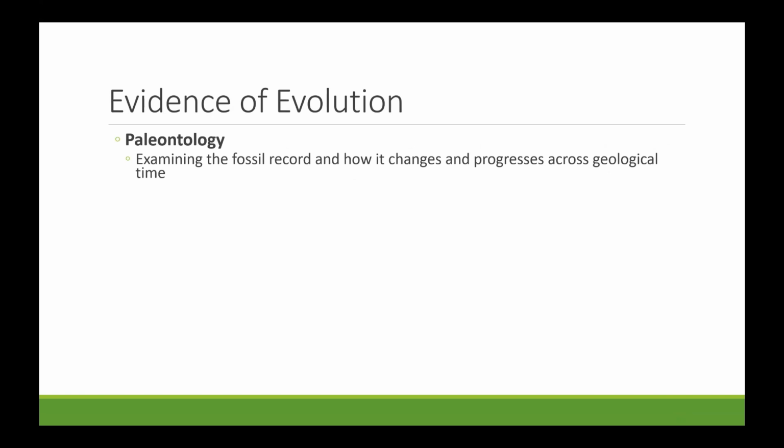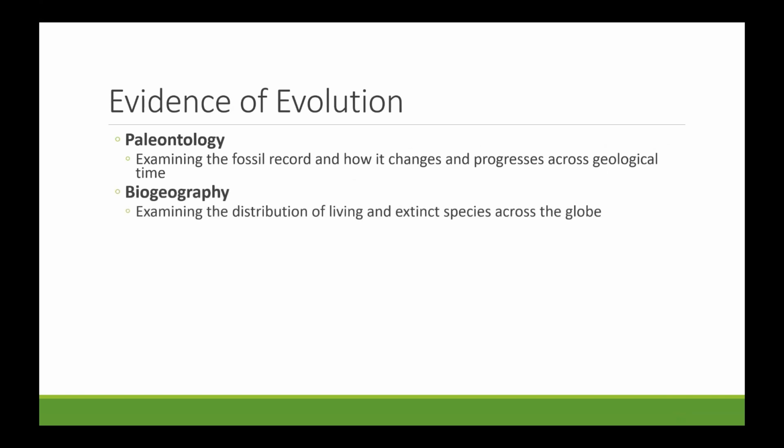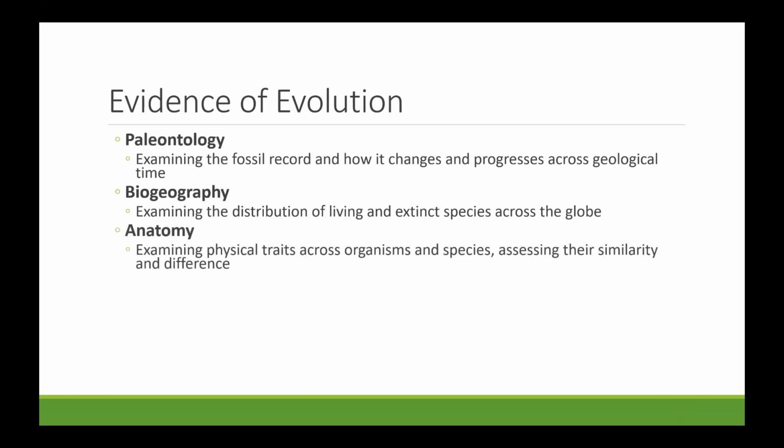You may already know that paleontology is the field that examines the fossil record and how it changes and progresses across geological time. The next area is biogeography. Biogeography examines the distribution of living and extinct species across the globe. Then there's anatomy.